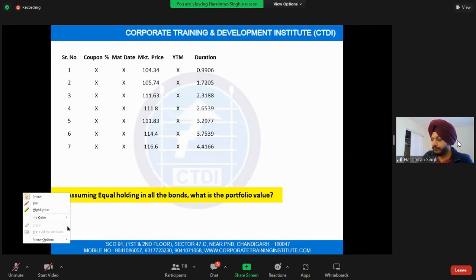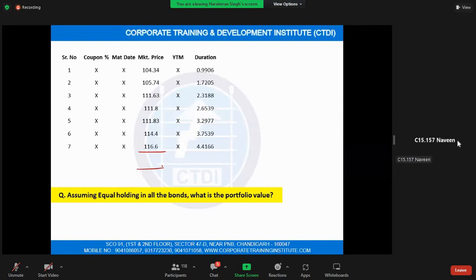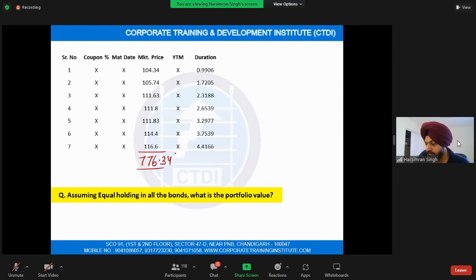Add the market prices. What is the total market price? Sir, 776.34. So this is your portfolio value, rupees 776.34, the market price of the portfolio.